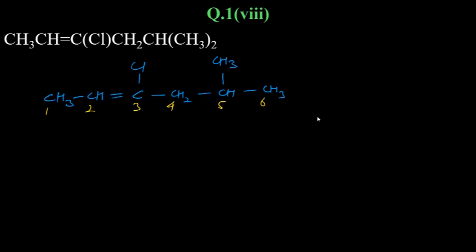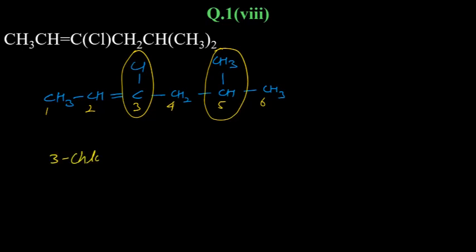Many correct answers I am getting, very good. So it will be 3 chloro, 5 methyl. There are 6 carbons. It could have been hexane, but there is a double bond on second carbon, so hex-2-ene: 3 chloro, 5 methyl hex-2-ene.